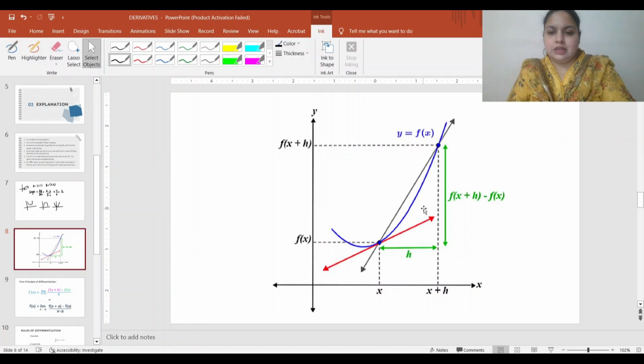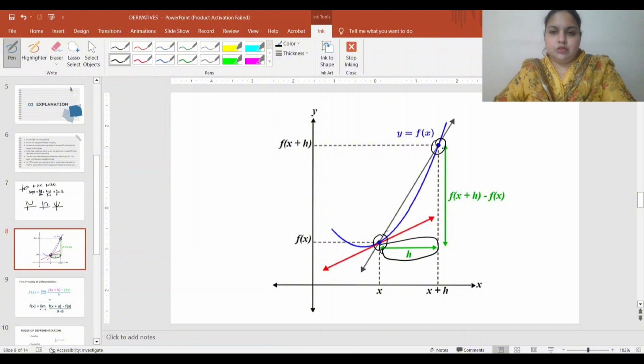As you can see in this picture, this is our first point x, this is our second point x plus h. The second point is at a distance of h from the first.